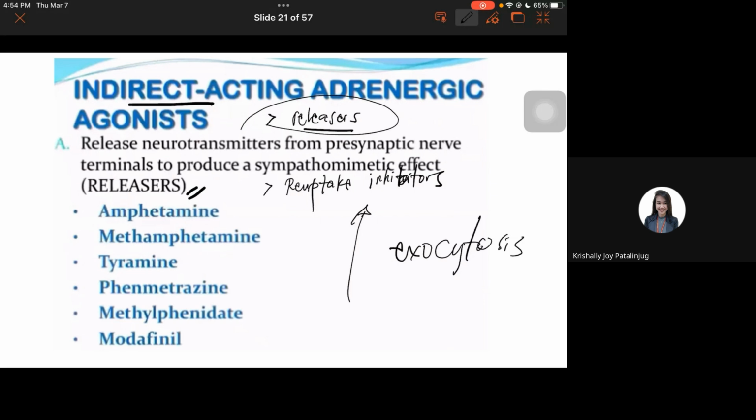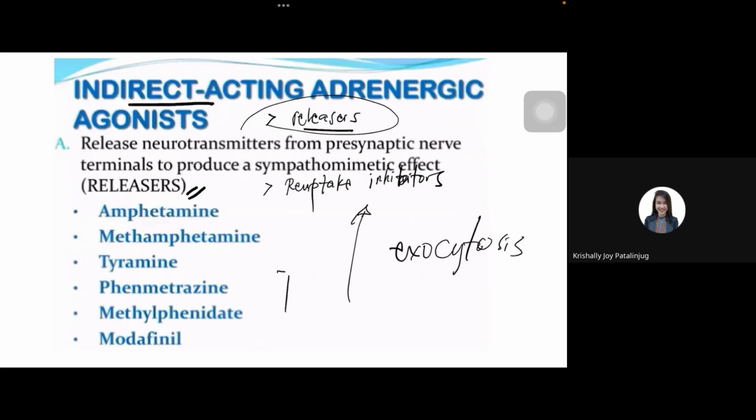I think sa isang slide, nung nag-discuss tayo about sympathetic adrenergic neurotransmission, yung nag-discuss ako ng pro-sympathetic drugs, anti-sympathetic drugs. Naalala yung mnemonics na T? Muna sila. Yung tyramine, ephedrine. Ephedrine is also a releaser.